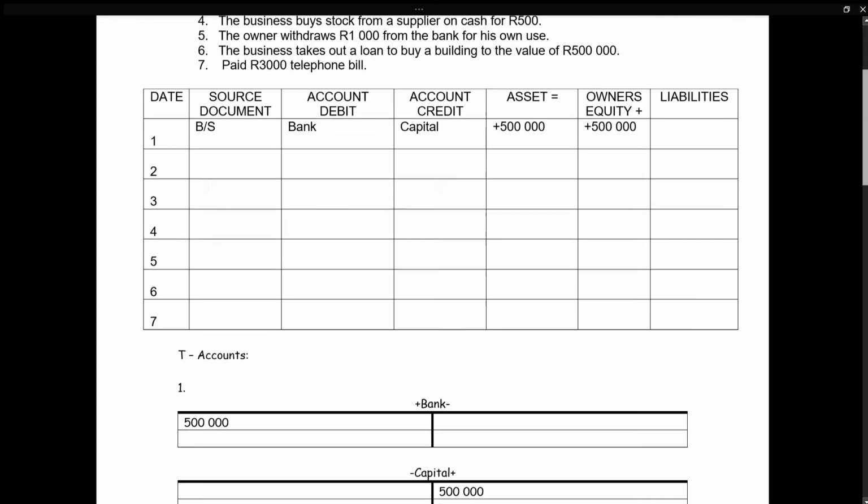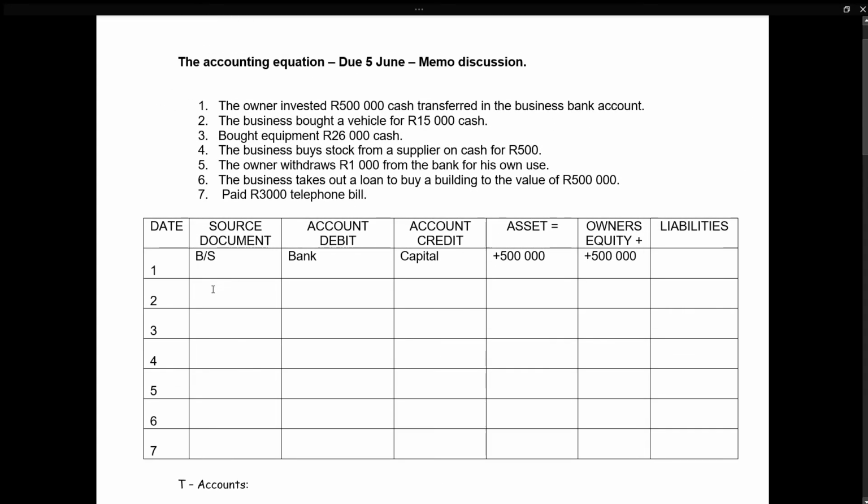Let's go and fill that in. Right, so we bought for cash, so our source document most likely will be the cheque counterfoil. Our bank will decrease. I'm always doing bank first, then I know at least I will get those marks already. So bank will decrease with 15,000 Rand.